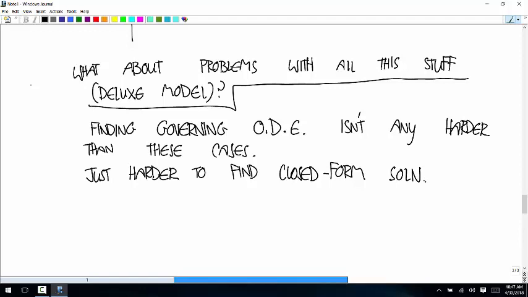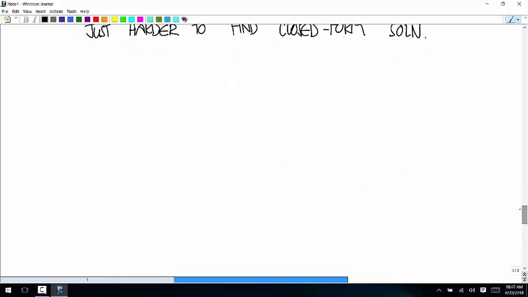That doesn't mean it's hard to solve numerically. MATLAB or Wolfram Alpha, if you come up with a differential equation and boundary conditions, they'll give you numerical or sometimes symbolic solutions to these. So let me just give an example of one that has everything.